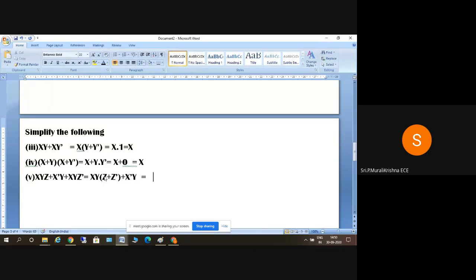Z plus z bar is equal to 1. So xy into 1 plus x bar y, that is equal to xy plus x bar y.